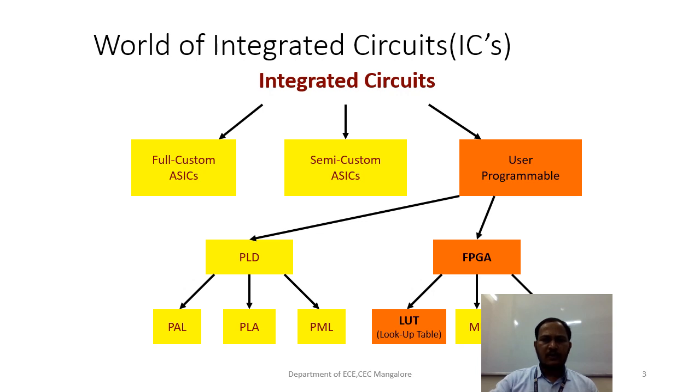So integrated circuits consist of three types of design: full custom ASIC, then semi-custom ASIC, and user programmable devices. ASIC stands for application specific integrated circuit. Under user programmable, you have programmable logic devices, PLDs.